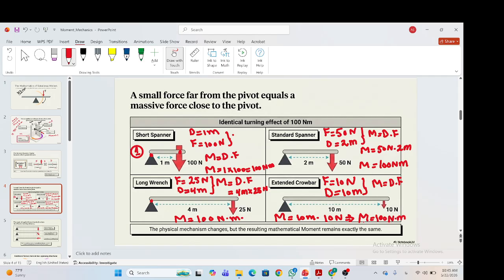Okay, so if I ask you one question, we have the same moment, but we have different distances and different forces. If you want to bring changes in the force, which changes should you bring in the distance, or which types of relationship does the distance have with the moment?